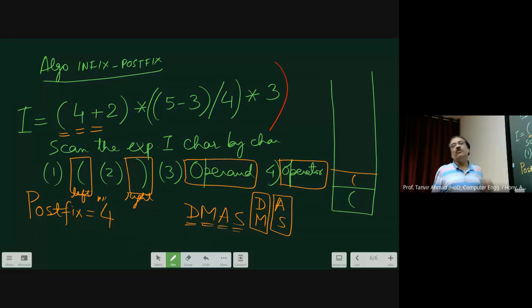You find there is nothing over there, therefore I cannot pop anything out. But even if I do not pop, I have to push that operator in the stack. Therefore, I push plus over there.